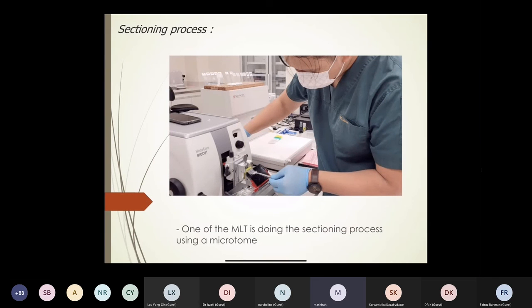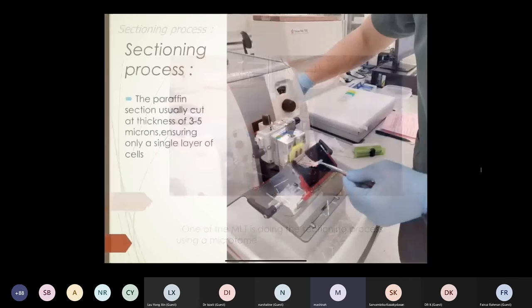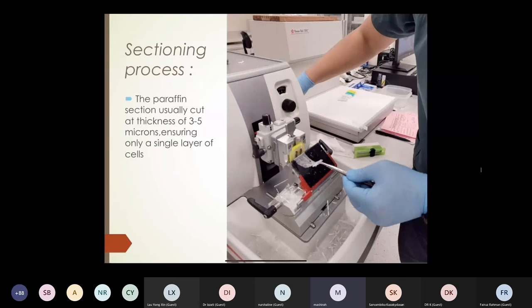The MLT is doing the sectioning process now. The paraffin section is usually cut at a thickness of 3 to 5 microns, ensuring only a single layer of cells.